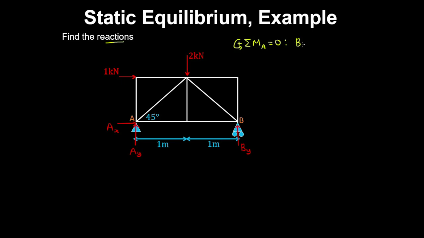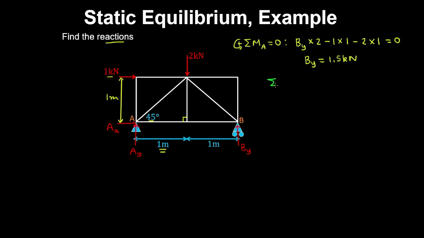So we have By multiplied by the moment arm, which is 2 meters, minus 1 kilonewton, multiplied by the moment arm, which is 1 meter, given the geometry of this right triangle, and minus 2 kilonewtons, multiplied by the moment arm of 1 meter. And that's all equal to 0. And solving for reaction By, we obtain 1.5 kilonewtons.